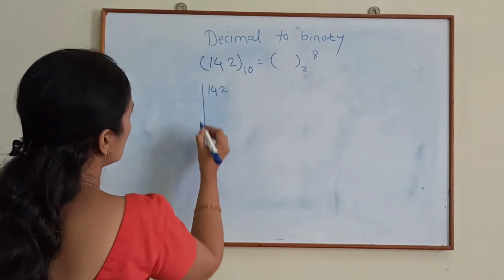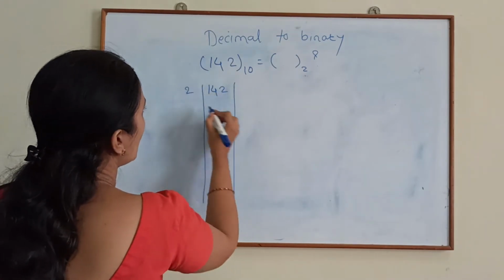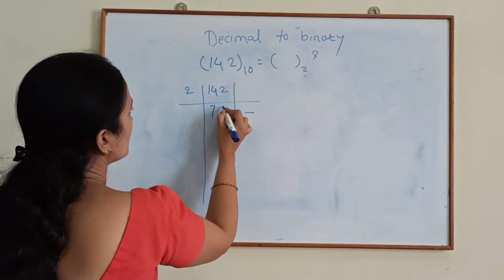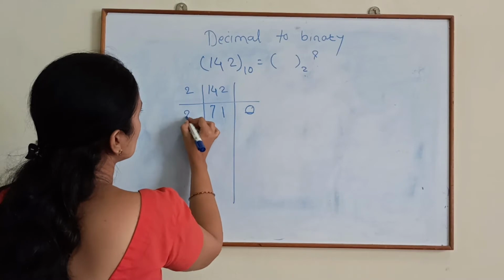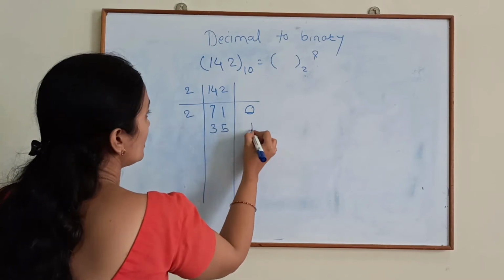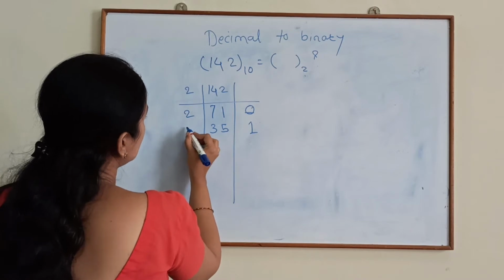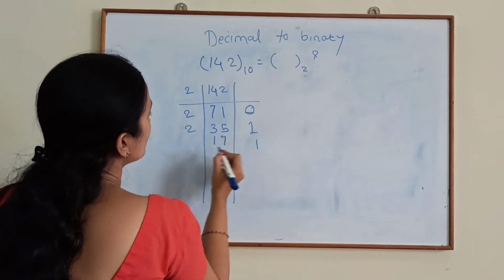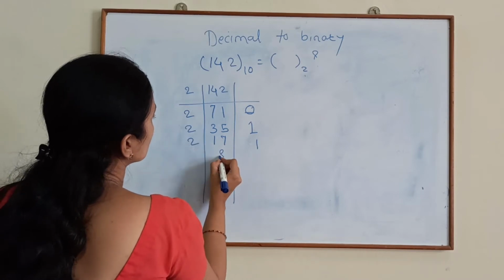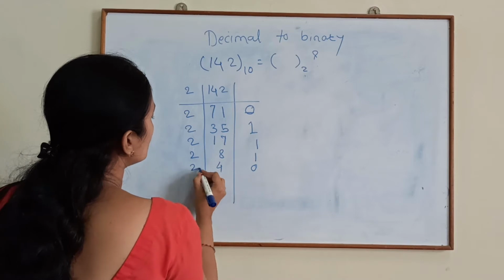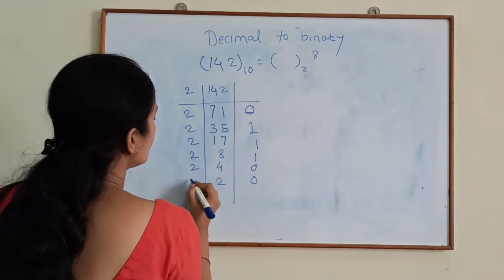142 divided by 2, and write the remainder here. Remainder is 0. Remainder is 1. Remainder is 1. Remainder is 1. Remainder is 0. Remainder is 0.